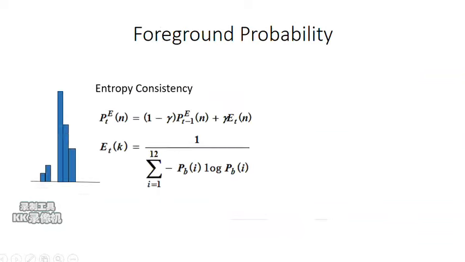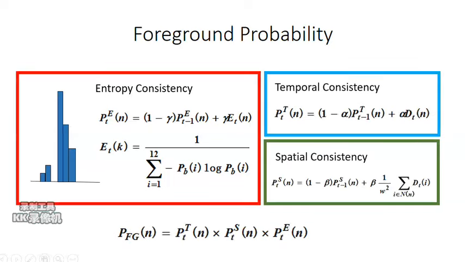We can use reciprocal entropy to measure the consistency of optical flow for each grid. Here PBI is the probability of the S-th beam. The pixels within each grid share the same reciprocal entropy. We combine the temporal consistency, spatial consistency, and the entropy consistency to express our abstraction of moving objects.